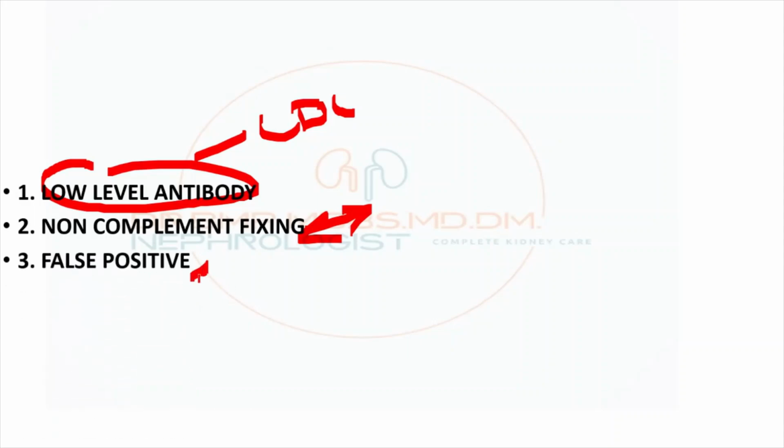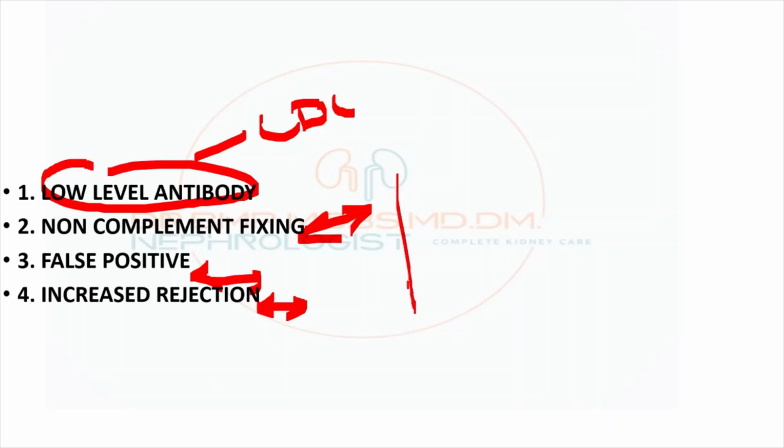Third, it might be a false positive, randomly positive. Fourth, it is telling us there is an increased chance of rejection, so search for the particular antibody. So we have to proceed with further investigation, probably single antigen bead or Luminex. The next step might be required. So these are all the 4 possible differential diagnoses.